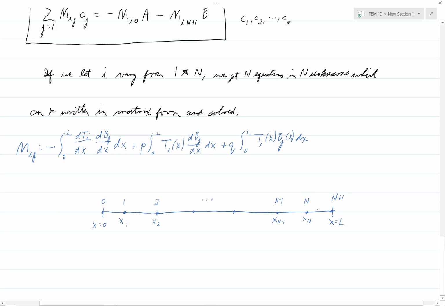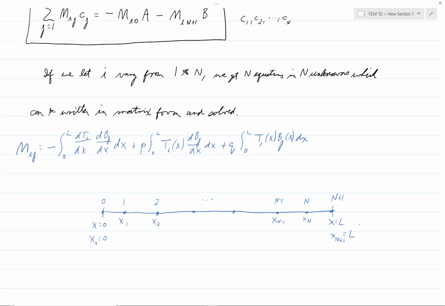So using that notation, we would say that x0 is equal to 0, and xn plus 1 is equal to L. And all of the other x's would need to be stored somewhere if this mesh had non-uniform spacing.